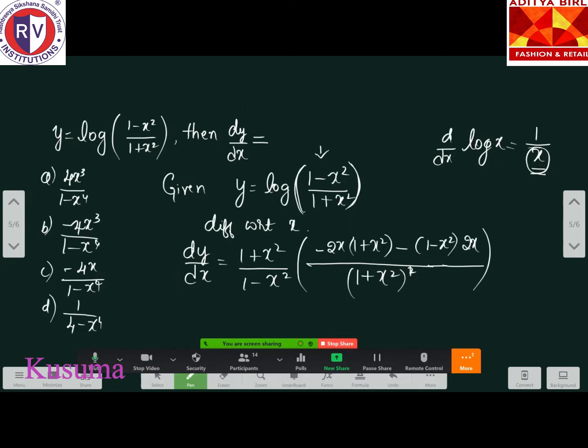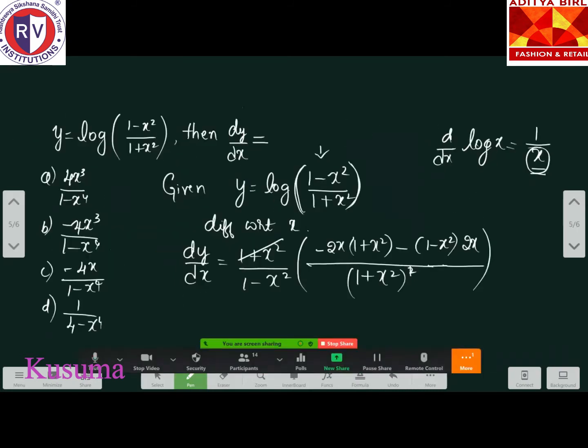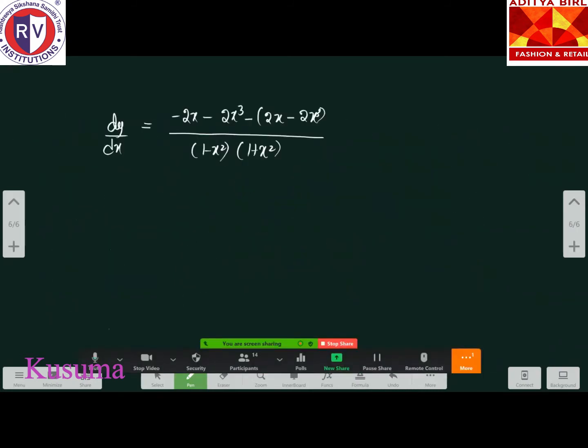So here the square and the term cancel out, and in the denominator what is left is (1 minus x square) into (1 plus x square). Option C. Calculated? Yes, ma'am. Okay, good. So what all the terms get cancelled out? Minus 2x, minus 2x cube, minus 2x plus 2x cube, right?